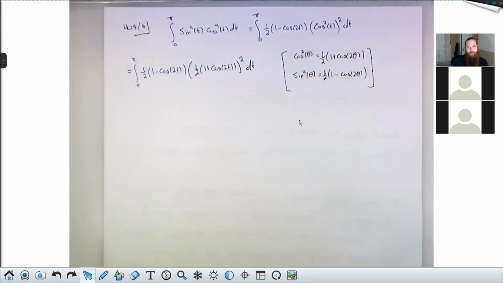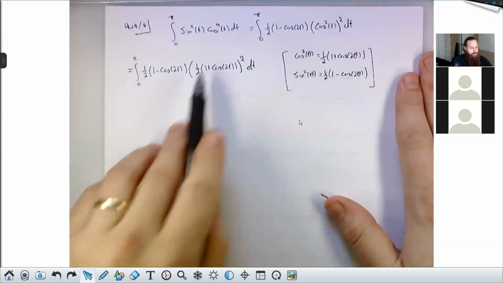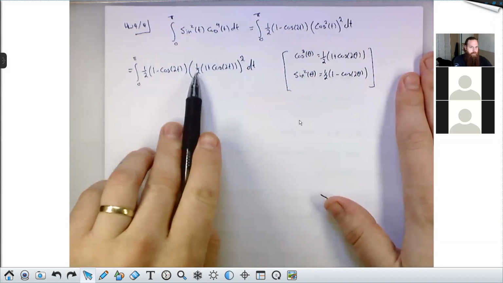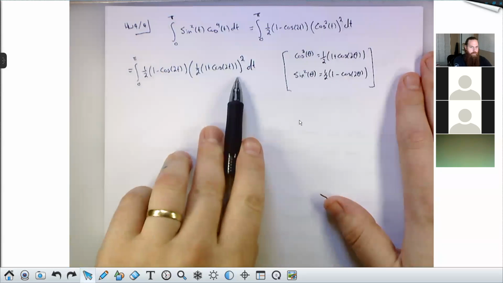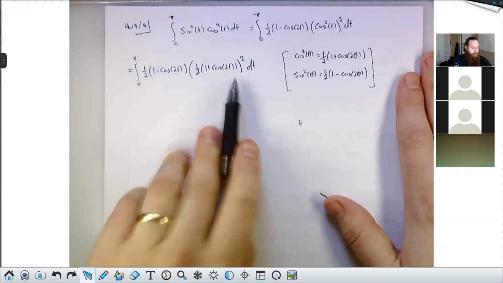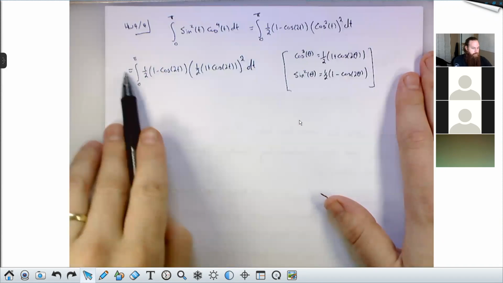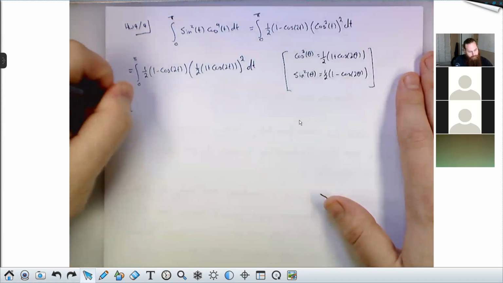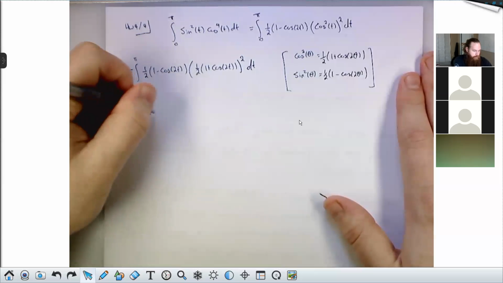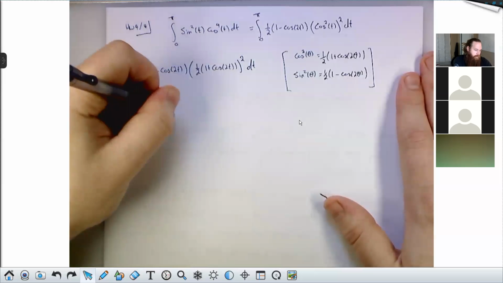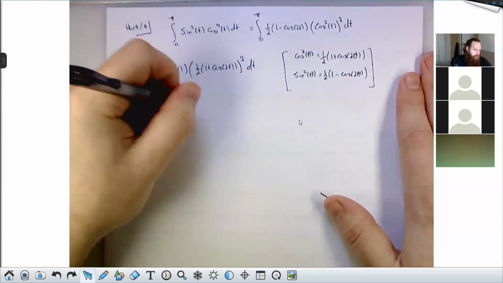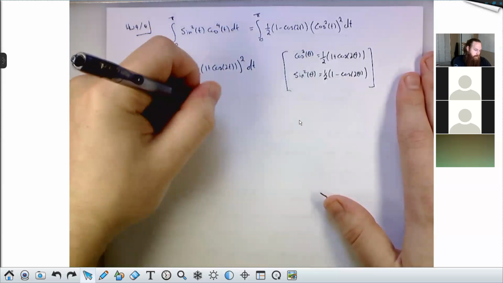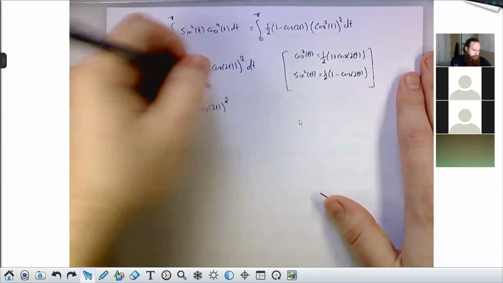We just repeatedly apply these identities until we get to stuff we know how to handle. When I square all of this, I'll get a 1/2 squared times 1 plus cos 2t squared. I can pop the 1/2 squared, which is a 1/4, out front. I can also pop this 1/2 out front, so I'll get a 1/8 out front. Integral 0 to pi, 1 minus cos 2t times 1 plus cos 2t squared.